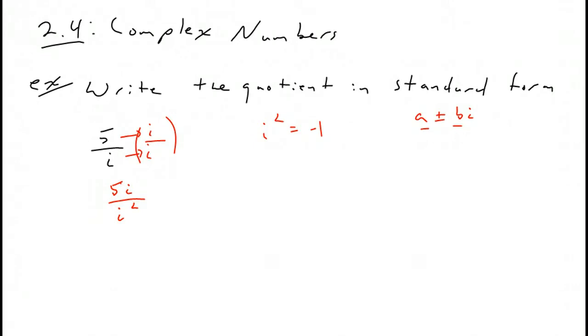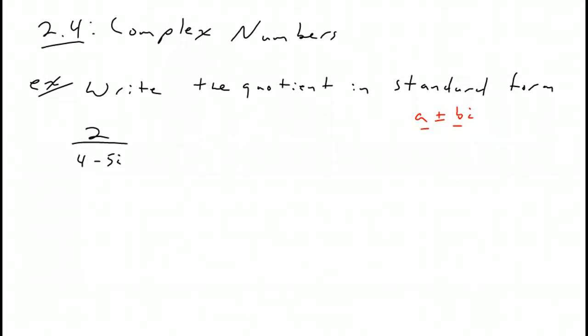So this is the same thing as 5i divided by negative 1, which is the same thing as negative 5i. That's all I need to see. There it is in standard form.